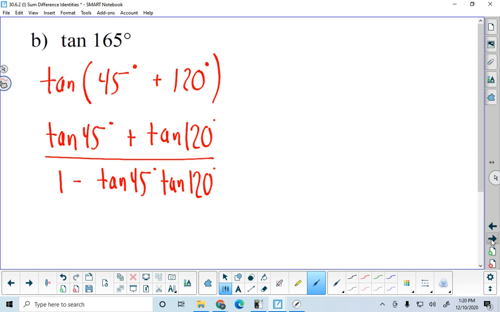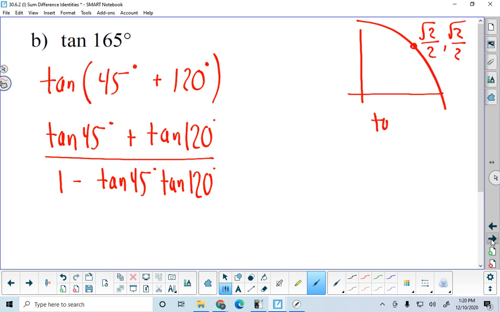Because tangent is y over x on the unit circle, this requires a little more care in figuring these out. So let's deal with the 45 degrees first. At 45 degrees, the coordinates are root 2 over 2 comma root 2 over 2.